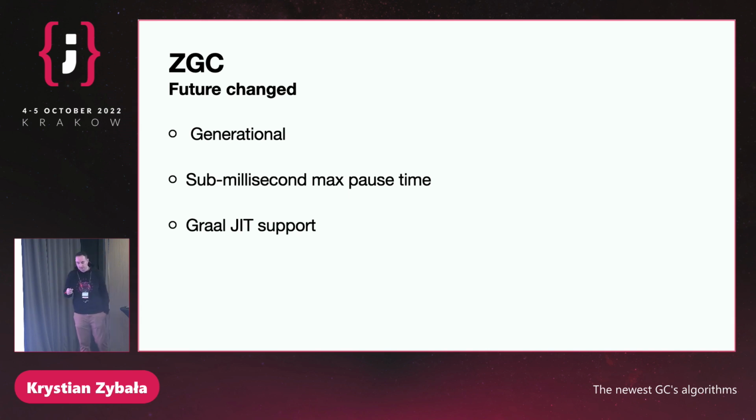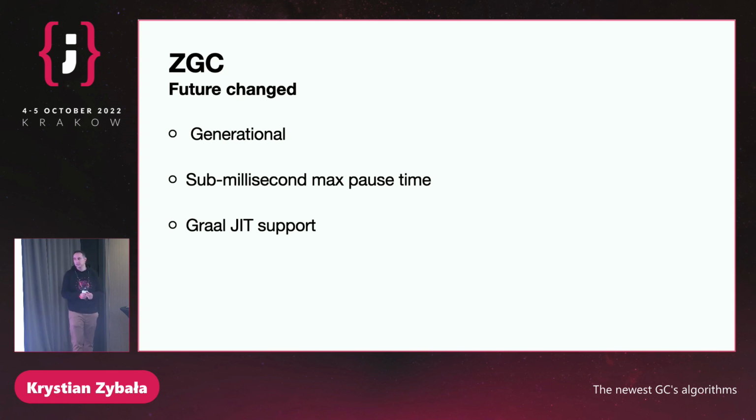ZGC has some improvements on the roadmap. What is important is that I mentioned that ZGC does not have generational spaces, but after Java 18, the authors of ZGC decided to make some tests, and they introduced generational mode to ZGC only for testing.